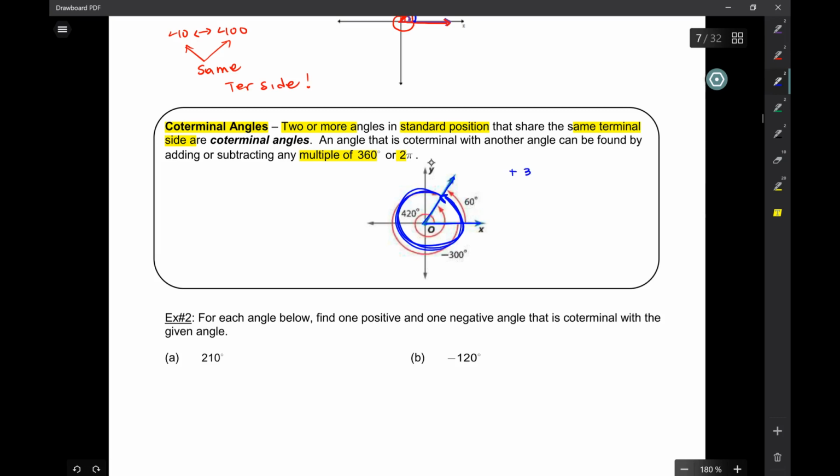So I can add 360 or 2 times 360 or 3 times 360, and I could keep adding 360s as much as I want. Or I could go in the opposite direction and subtract 360 and come back to the same point.